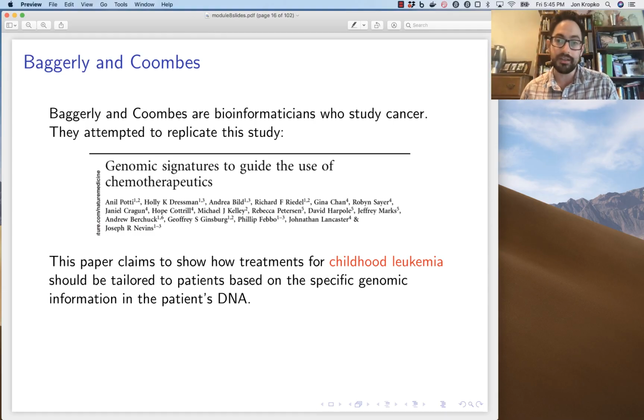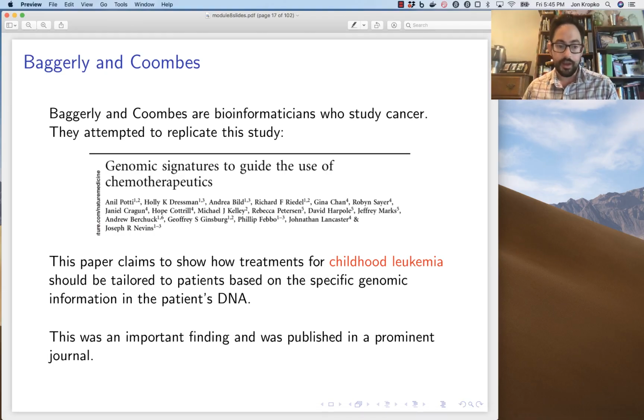Basically, that means some cancer treatments work for some people and they don't work for others, right? Can we dig into your DNA and determine what kinds of treatments are going to work for you? It would be a big deal if we could figure that out. And that's what this study claimed to discover. It was an important finding. It was published.